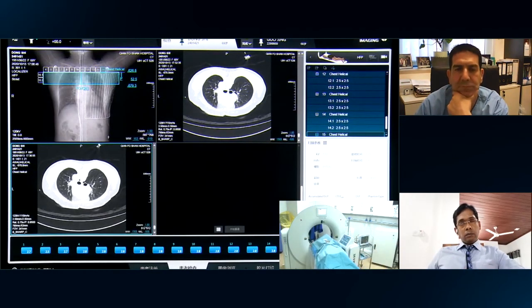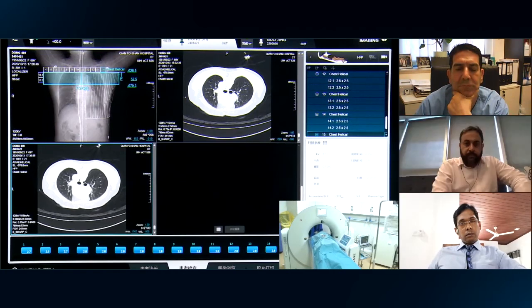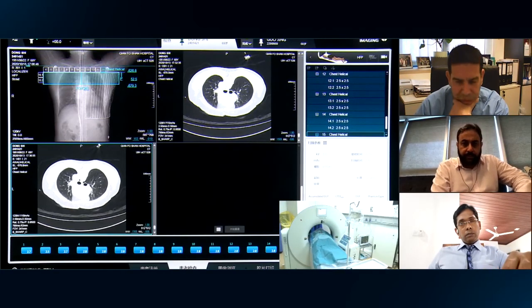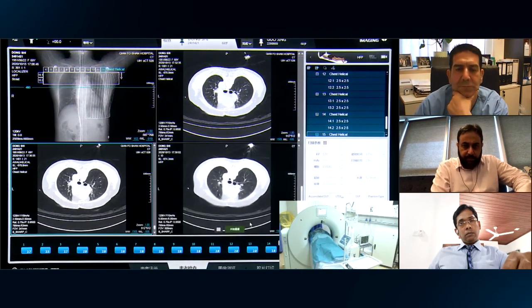All the samples are fixed by formalin and just a regular histology examination.